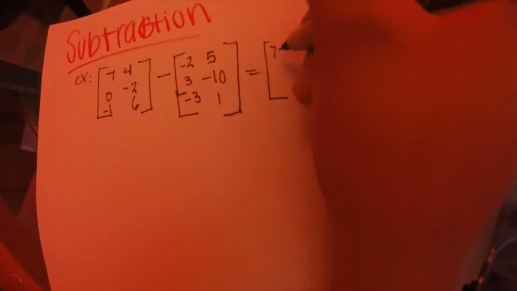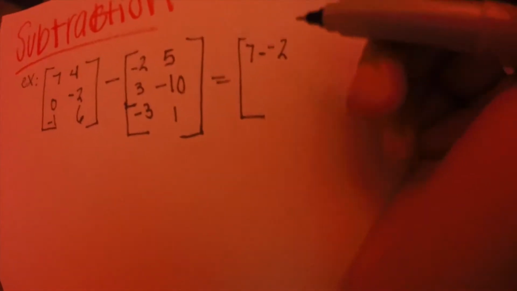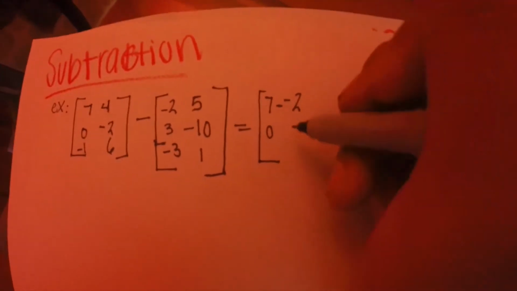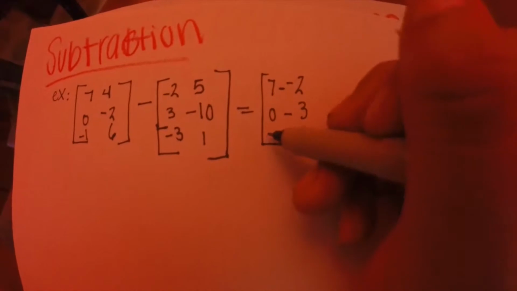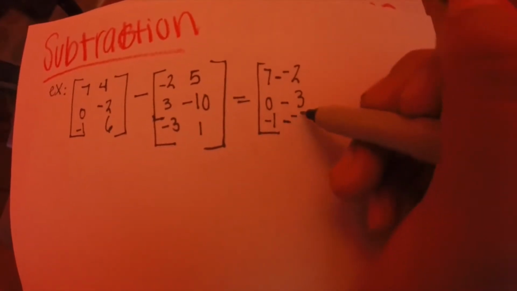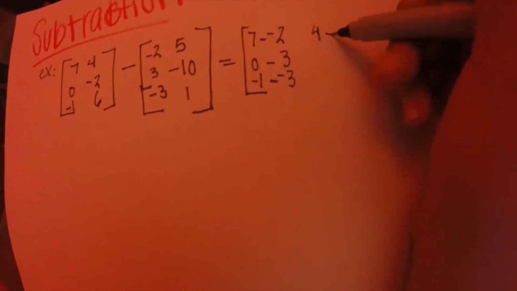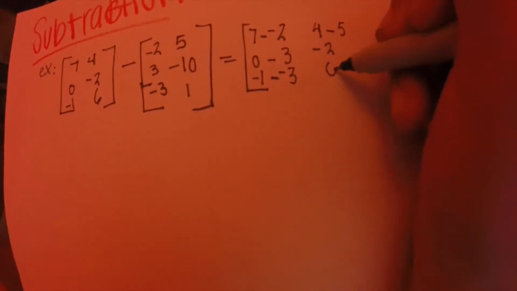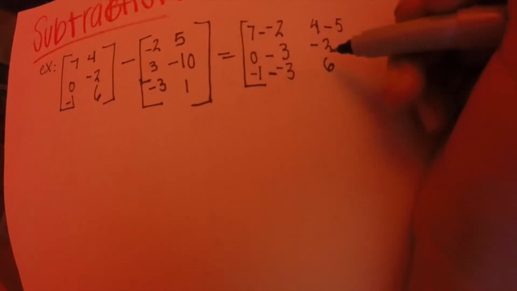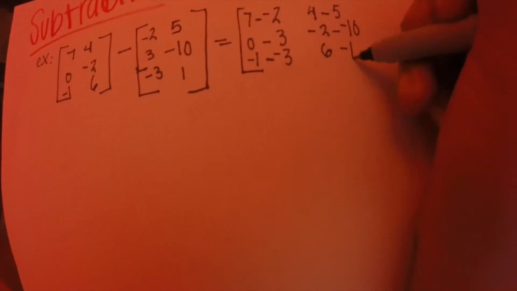Therefore, we can write this out as 7 minus -2, 0 minus 3, -1 minus -3, 4 minus 5, -2 minus -10, and 6 minus 1.